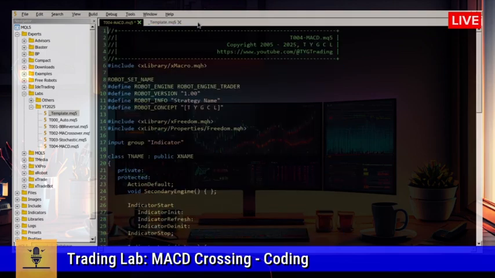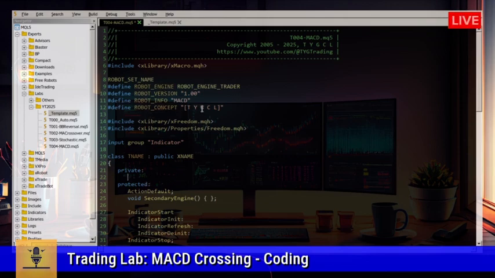After I have placed the template, what I need is to add some additional instructions based on my previous requirements. Since I'm using MACD, I will prepare the variables for MACD. MACD needs three variables, one for the handle, the other two are data.